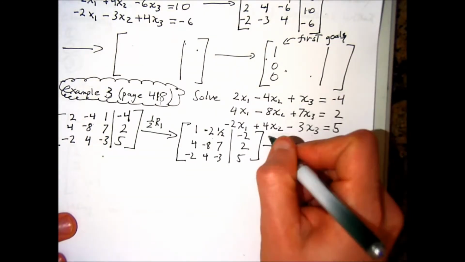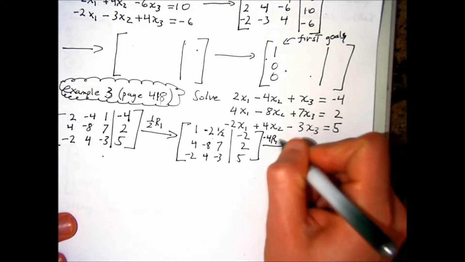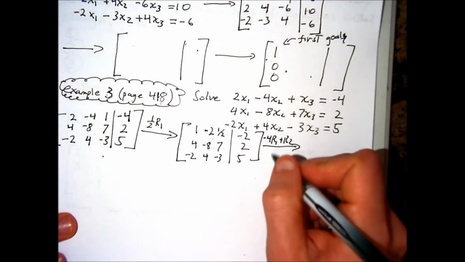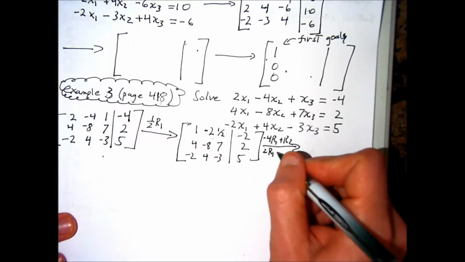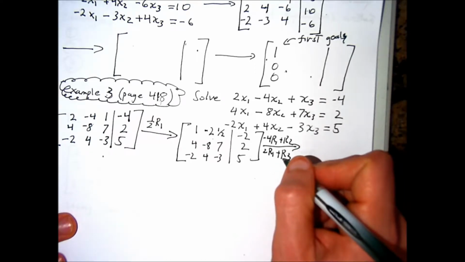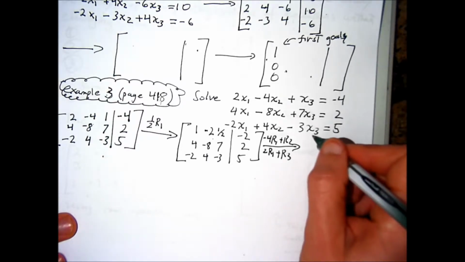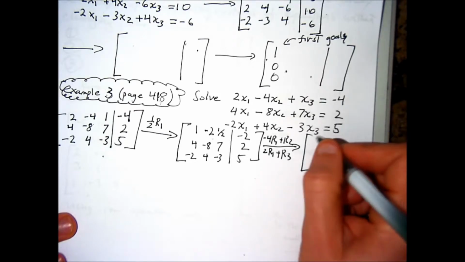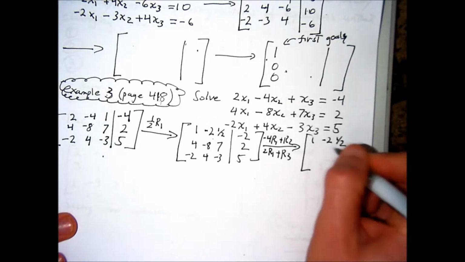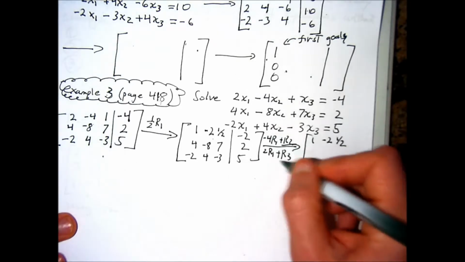Okay, we can do a couple things here. We can add -4 row 1 plus row 2, and we can also add twice row 1 to row 3. Okay, let's do that. That gives us 1, -2, and 1/2, because remember, we don't change row 1 when we change the second thing that we write.